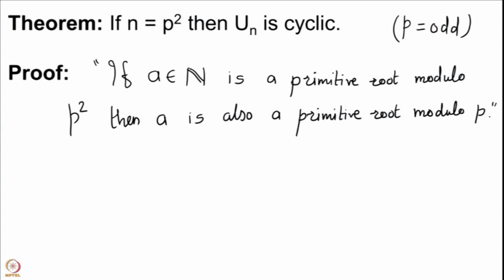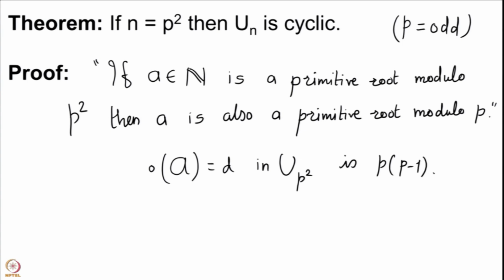So, what we observe here is that when we are starting with A being a primitive root modulo p^2, we will start with the assumption that the order of A modulo p^2, in U(p^2), is p(p-1). This is the order. We are starting with this statement.